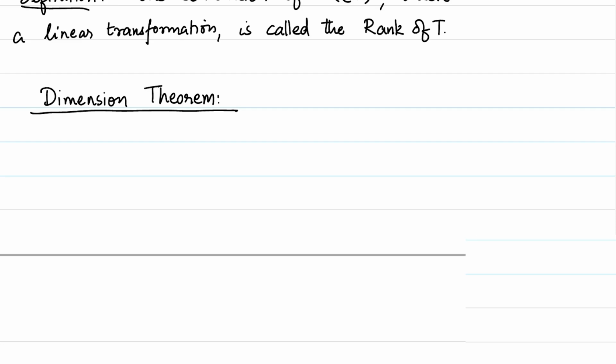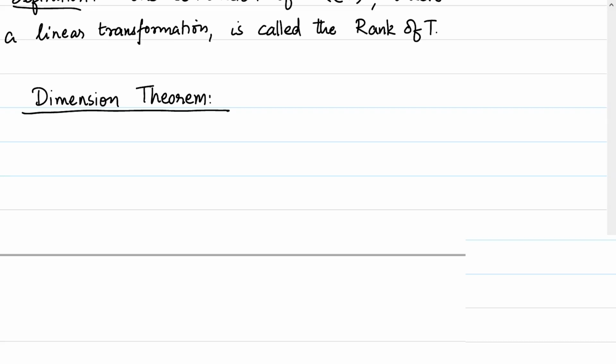Observe one thing: all this while we were not demanding that our vector spaces V or W should be finite dimensional. Till now, we were giving definitions of linear transformation, null space, nullity, range, and rank, all without any reference to whether our vector spaces were finite dimensional.